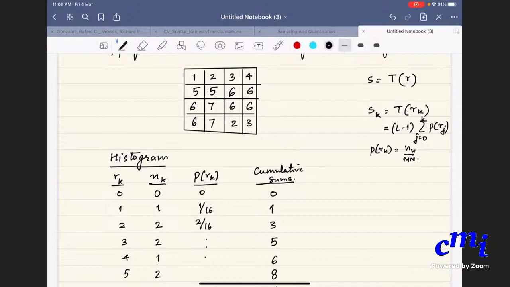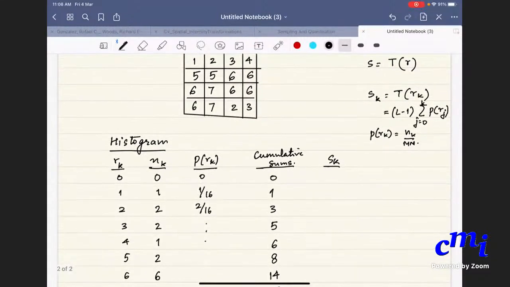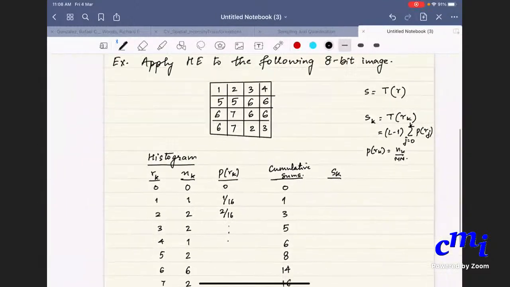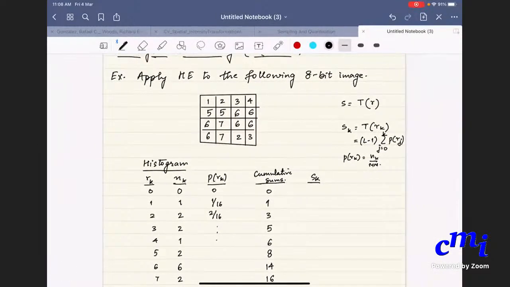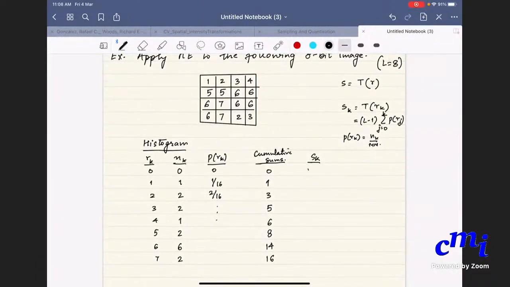So now from this, let's try to calculate these s_k's. Just apply this formula. L is 8 here, so L minus 1 is 7. For k equal to 0, s_0 is going to be 7 times 0, which is 0.